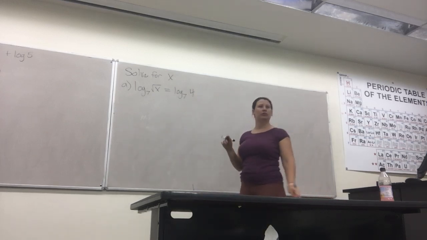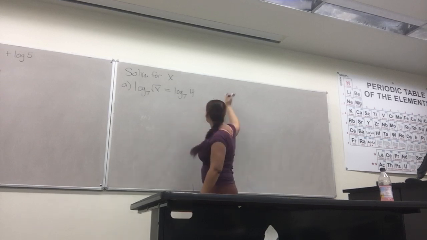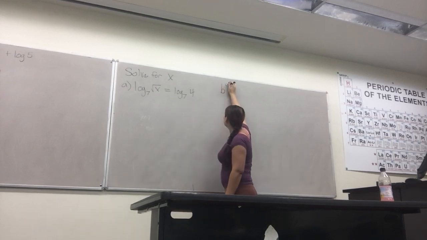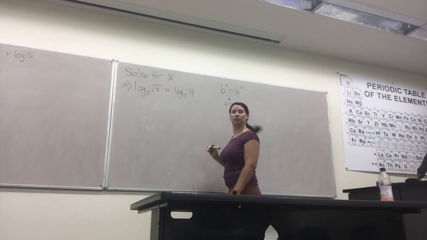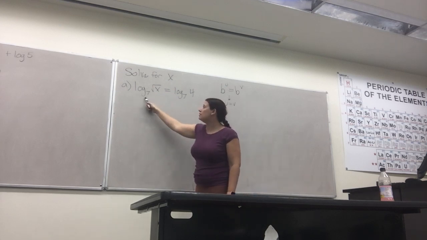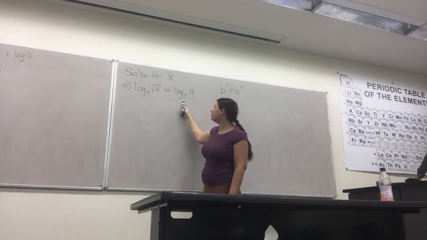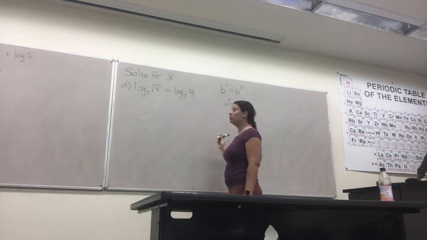So, remember when we learned the rule, if we have b to the u equals b to the v, then u equals v, right? This is the same kind of thought here. Same base log equals same base log, right? Then their insides have to equal.